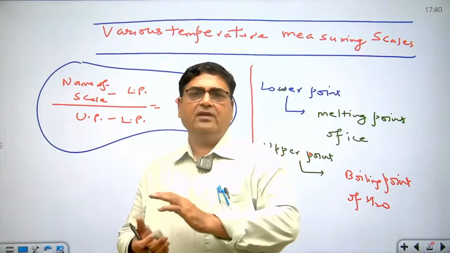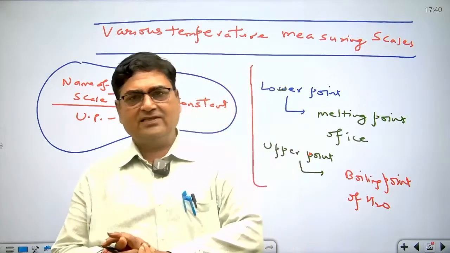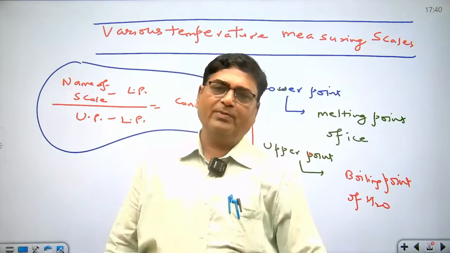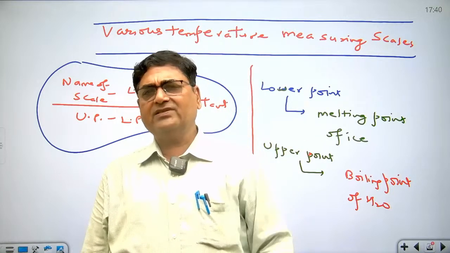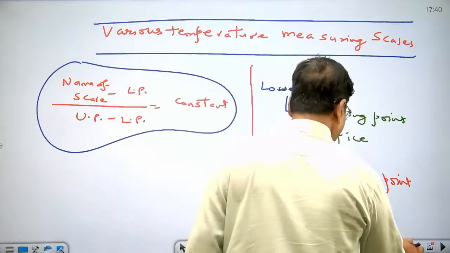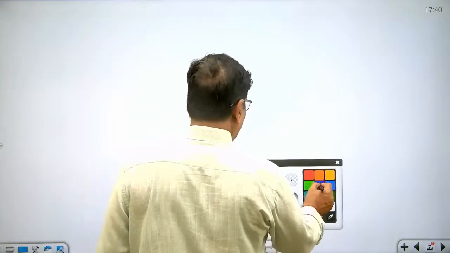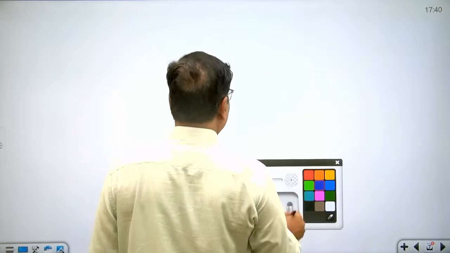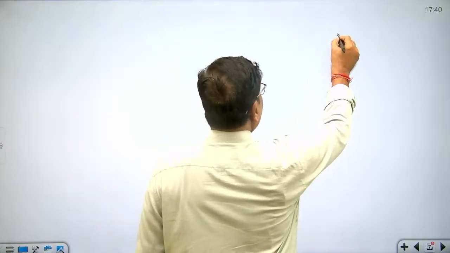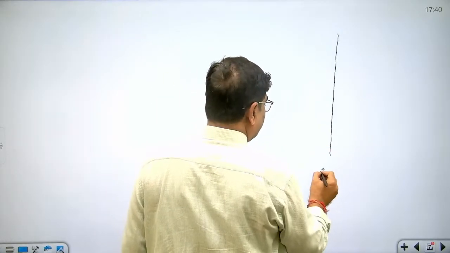We will look at some temperature measuring scales like the Celsius scale, Fahrenheit scale, Kelvin scale, Romer scale, and you may even design a temperature measuring scale on your own name. Once you have seen the basic concept, you can talk about any temperature measuring scale. Dear student, this is the Celsius scale.